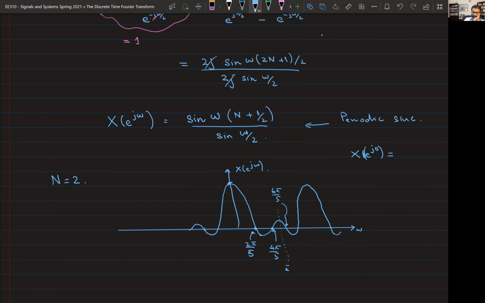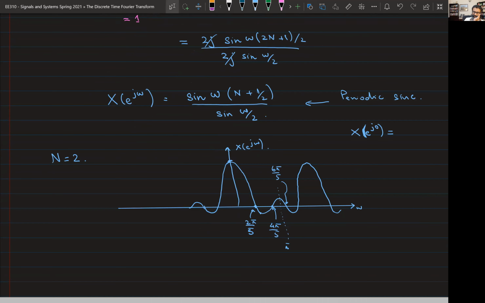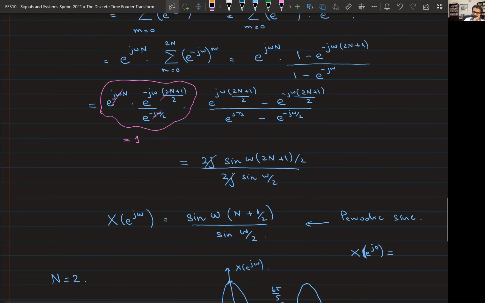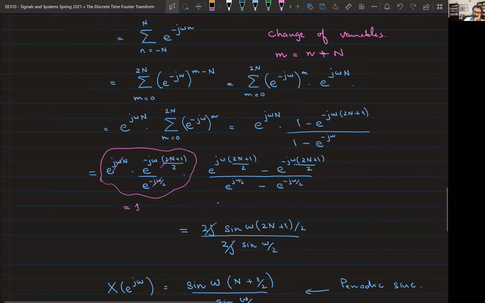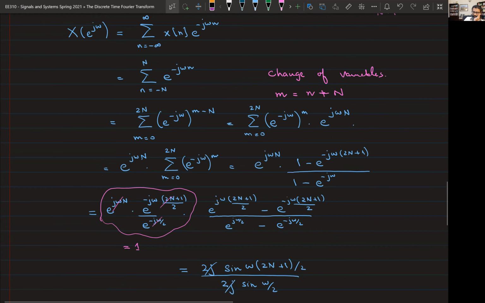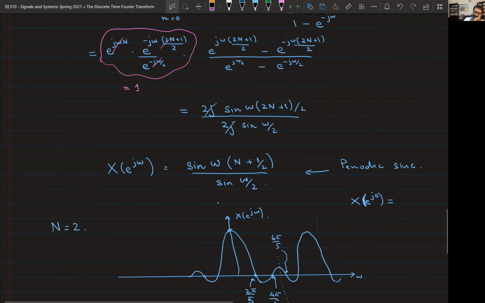You could use L'Hopital's if you wish, but other than that, you can just go back and see here, what is x of e raised by j0? If I put omega equals 0 here, then what happens? 1, yeah, so that's 1.